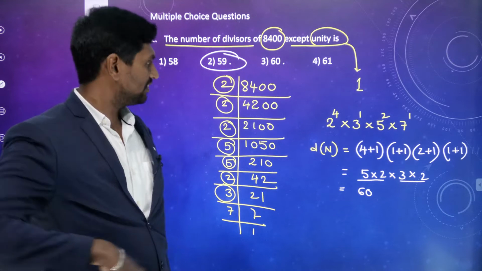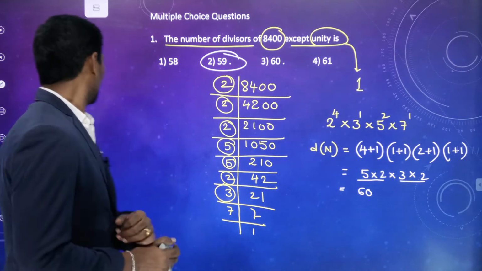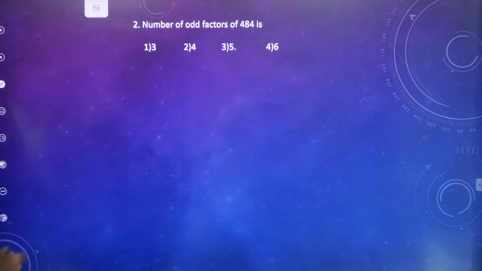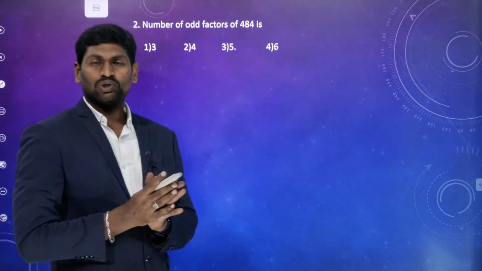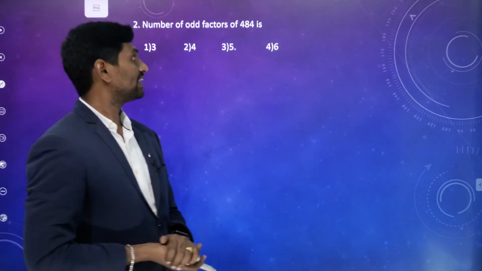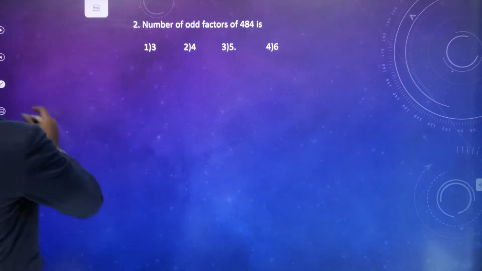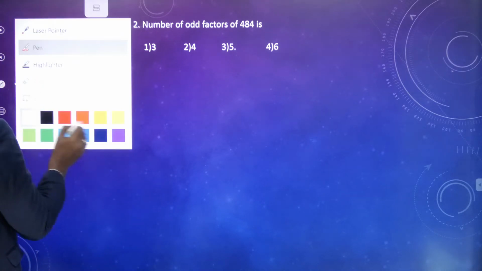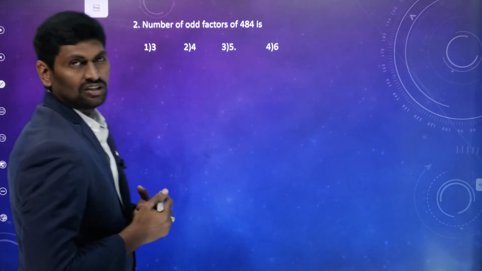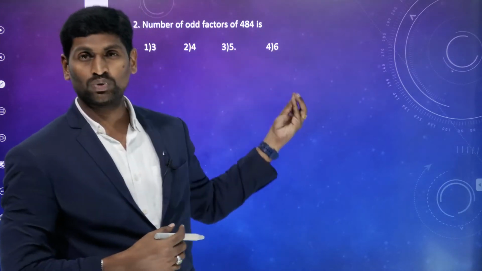Okay, I am going to the next question. What is the next question here? Number of odd factors of 484. This is one more important question. Sir, 484 is somewhat a huge number.